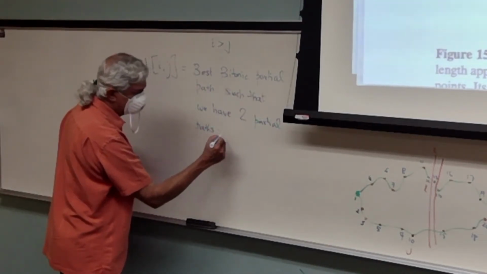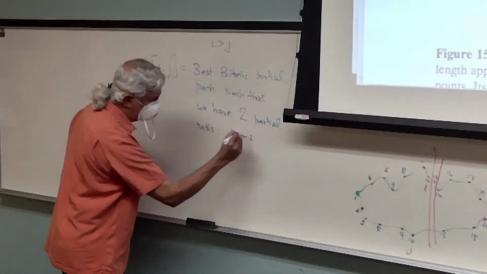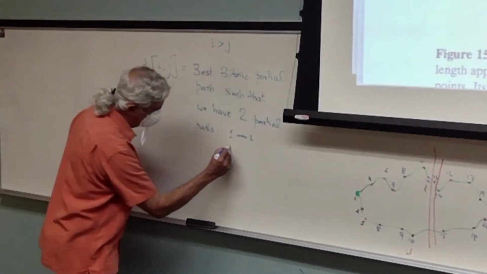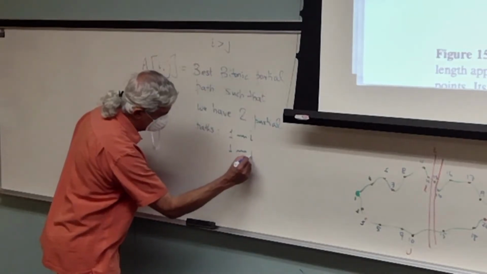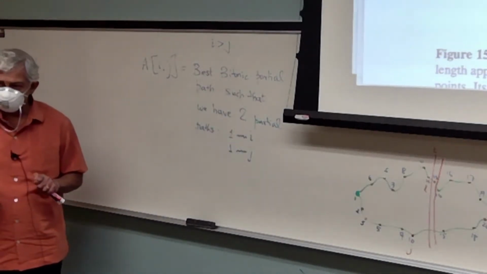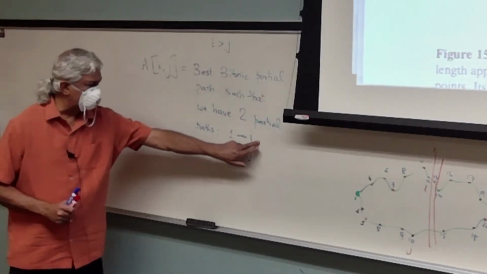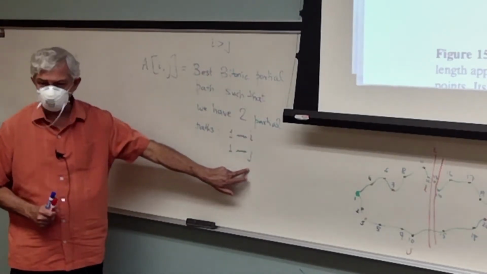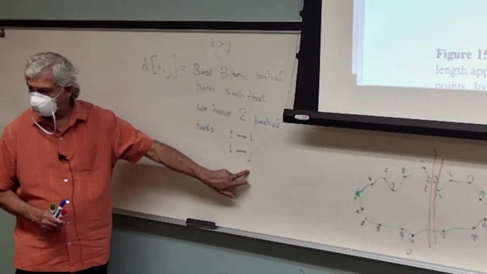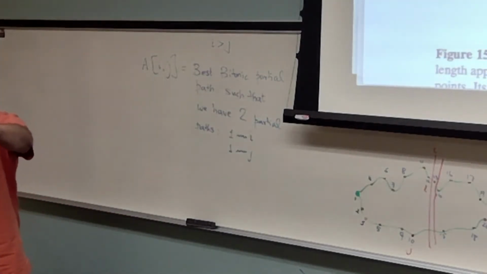One going from point 1 all the way to i, and the other going from 1 all the way to j. So top or bottom? We have both, right? But the first one ends at i, the second one ends at j. All right? So we have partial paths.